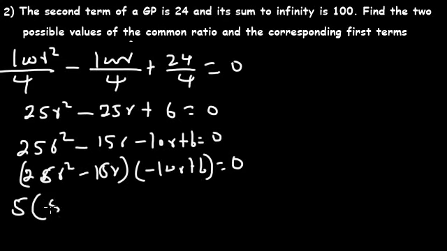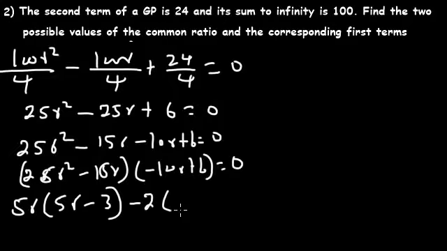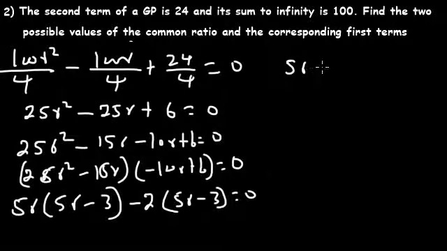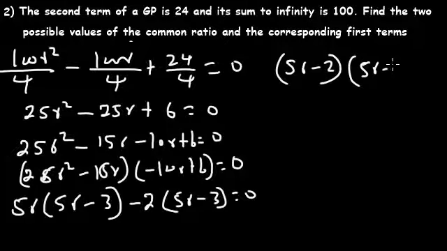If we bring out 5, we have 5r, we have 5r minus 3. And for this one, if we factor out minus 2, we have 5r again minus 3 equals 0. So we can combine this and take the GCF. Now we have 5r minus 2 multiplied by 5r minus 3 equals 0.